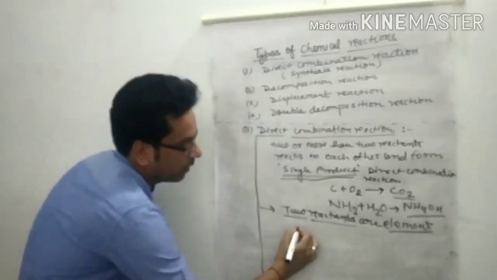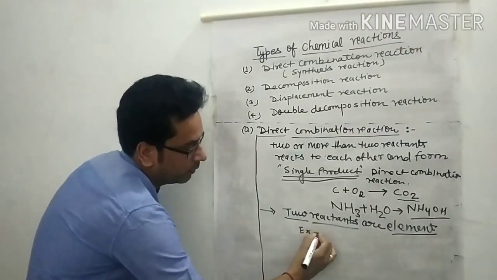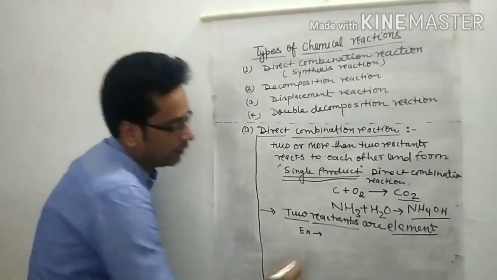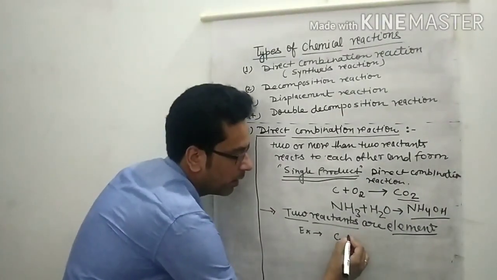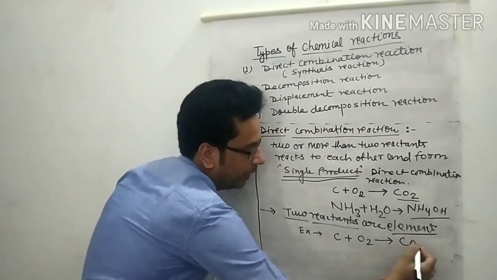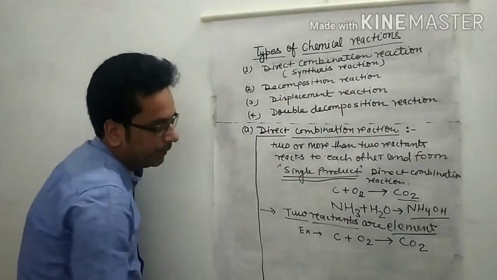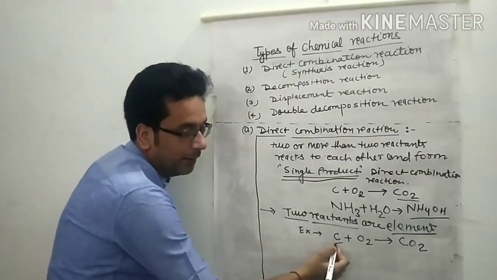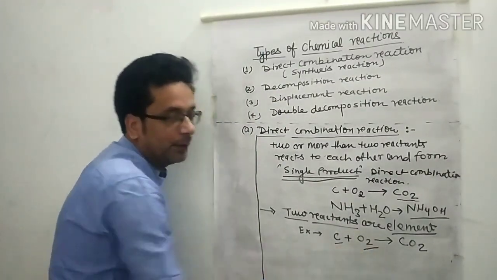For example, carbon plus oxygen forms carbon dioxide. Here carbon is an element and oxygen is an element.